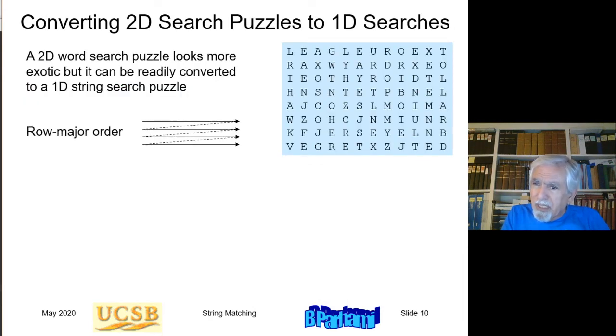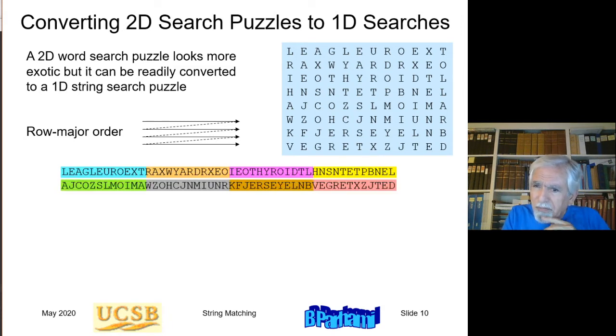Okay, I already mentioned that 2D search puzzles can be converted to 1D searches by doing row major unfolding. So here I've color-coded the different rows so that you see how they're placed. The first row is blue, the second row is orange, the third row is purple, and so on.